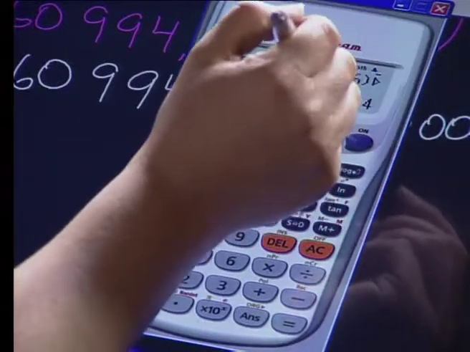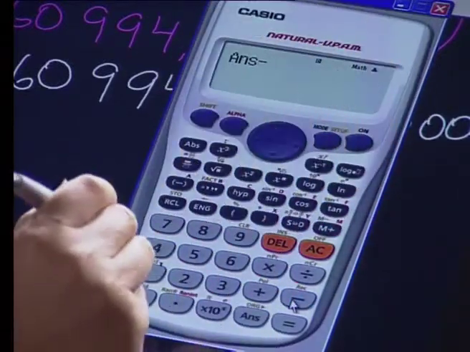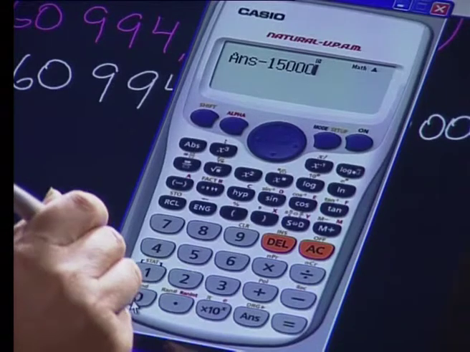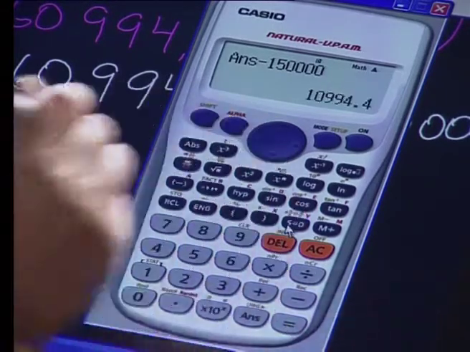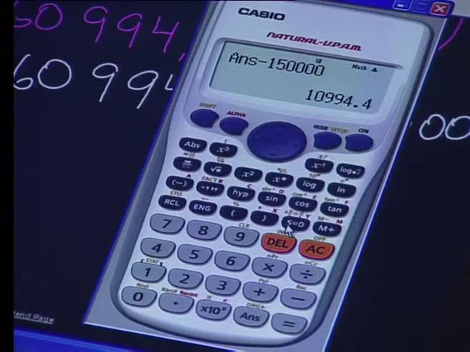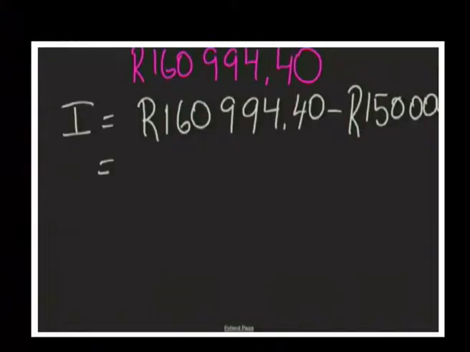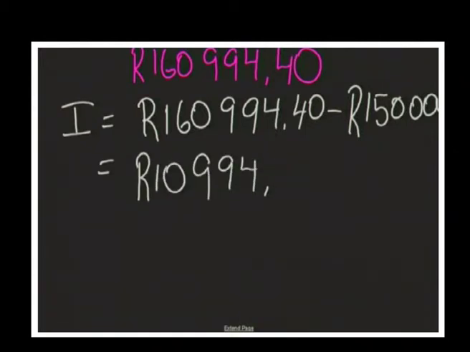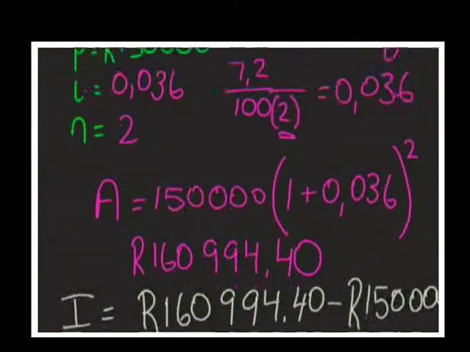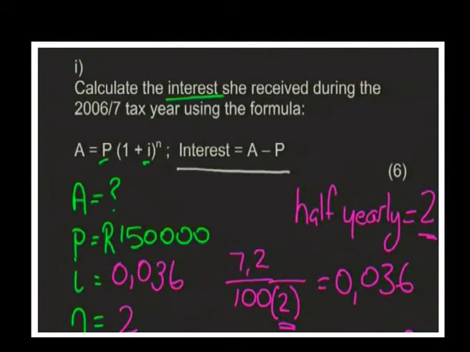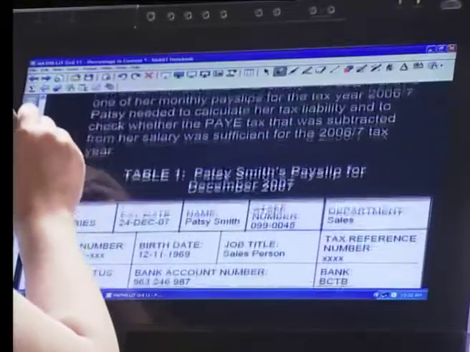We've already got the total, so now all I need to do is minus my 150,000, and I see that my solution is 10,994. So that is the interest that she has earned in the year. Go back, double check that I've actually read the question. Calculate the interest she received. I now know that I have got this question correct. I have answered the question. Let's see what the next question actually says.